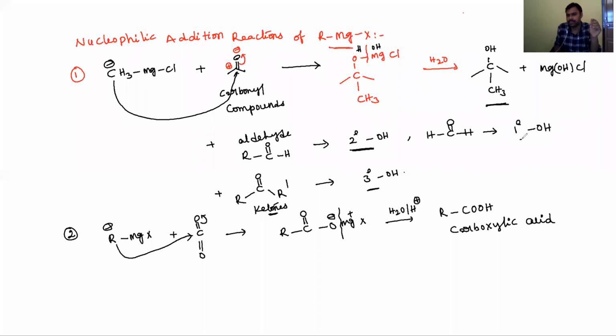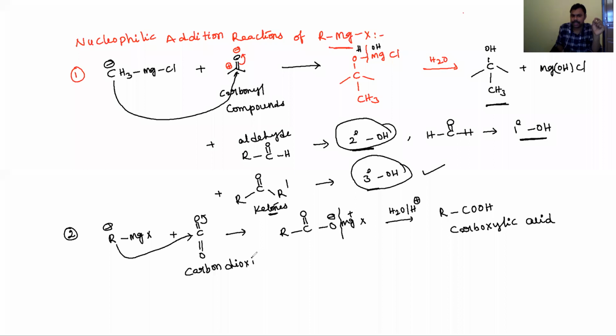Only formaldehyde gives a primary alcohol, the remaining aldehydes give secondary alcohols, but ketones always give tertiary alcohols only. Next, the Grignard reagent reaction with carbon dioxide, CO2, gives carboxylic acid. This reaction is important for board examinations as well as objective examinations. Next, listen carefully, dear students.